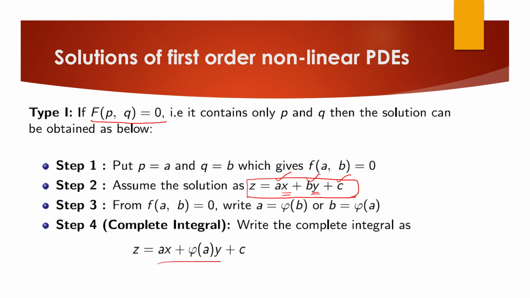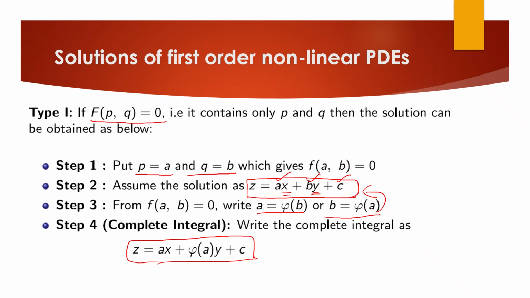For this, we replace p as a and q as b in the given equation, and then we write a as a function of b or b as a function of a, and substituting this in the assumed solution, we get our complete solution.